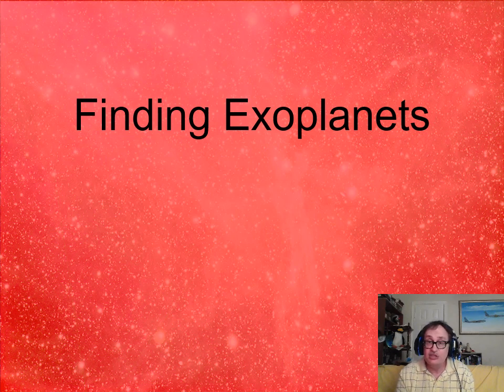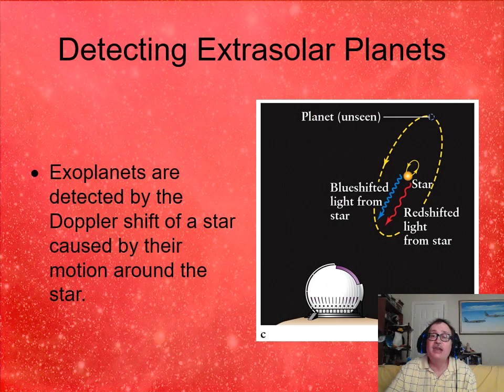If the mass of the planet is like Jupiter size, it's probably going to be a gas giant. And so that was finding planets using this radial velocity method. The radial velocity method was using the Doppler shift.